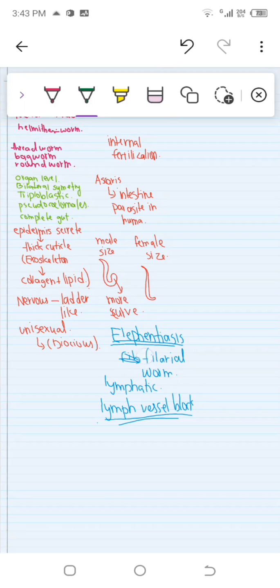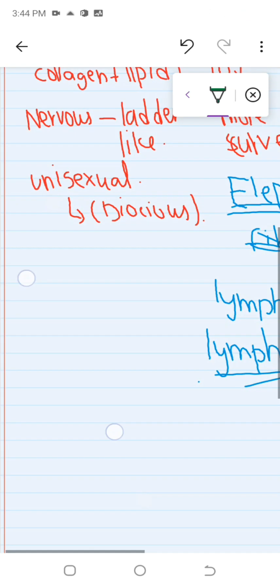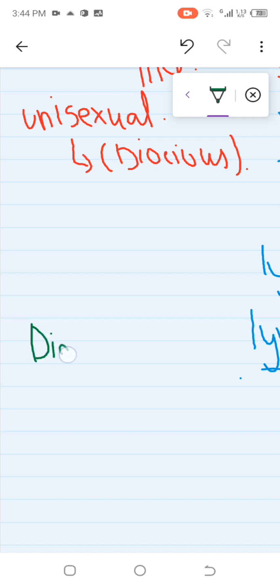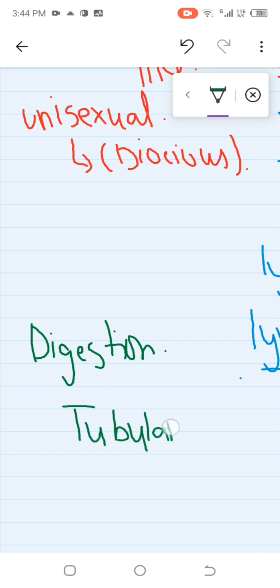Talking about digestion, their digestion is complete because they have one tubular gut running from mouth to anus.